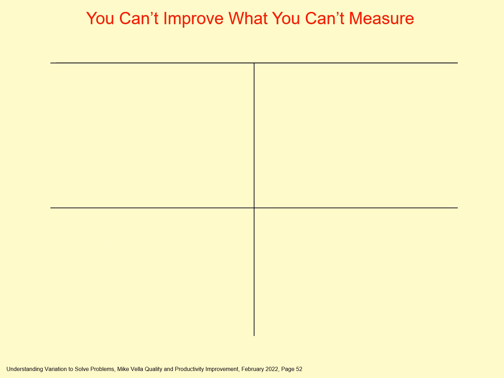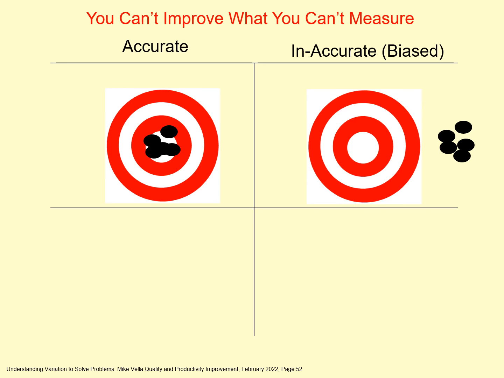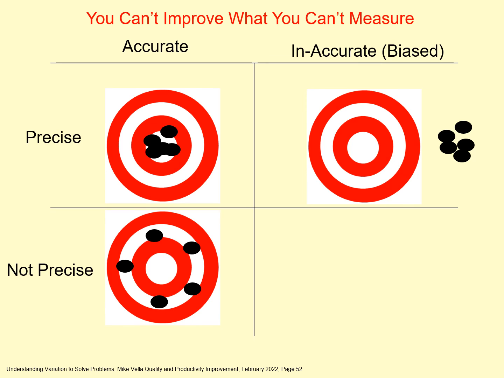We'll talk about that. When we're talking about measurement error, we want to introduce this concept of accuracy versus inaccuracy, precision versus imprecision. First, let's talk about accuracy. In the upper left-hand quadrant, if you use the analogy of a target, you see the bullets or the arrows hitting the target pretty much dead in the center. We'd call that accurate and precise. It's on target and the points are very close to each other.